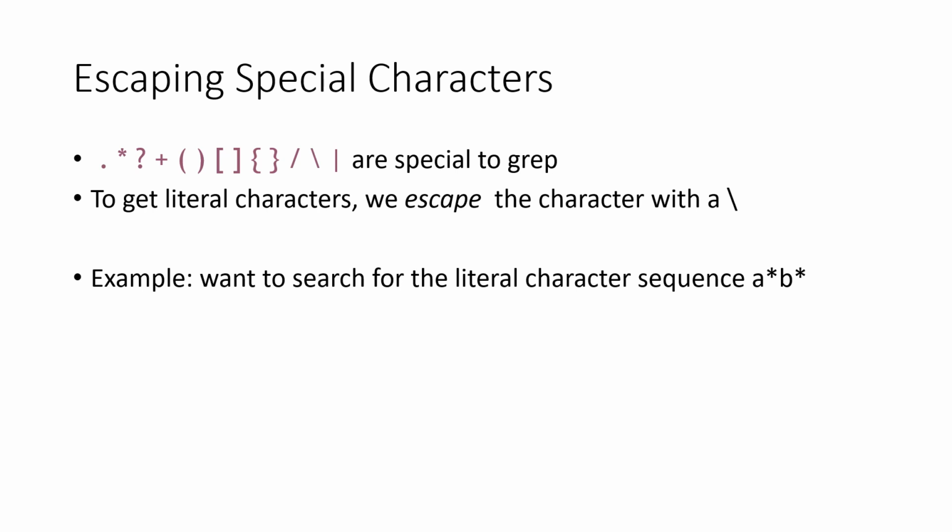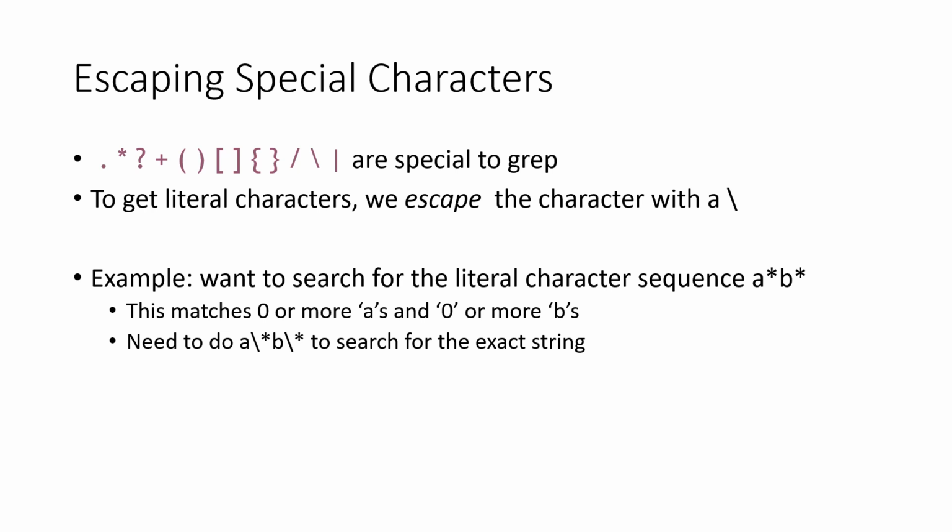Let's say you want to search for the literal character sequence A star, B star. Remember, A star, B star, in regular expressions, normally means zero or more copies of A and zero or more copies of B. That's not what we want. So in order to get literally A star, B star, we write A backslash star, B backslash star to search for the exact string. Now star is treated as a normal character instead of a special character.